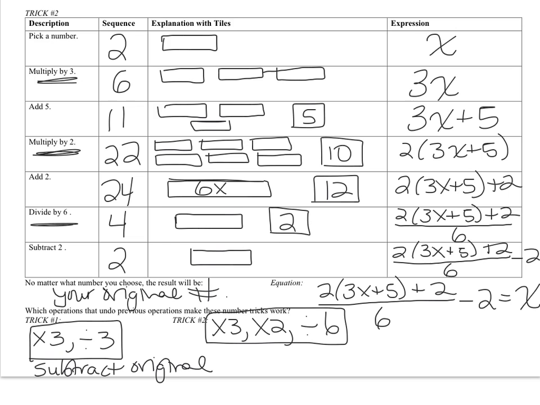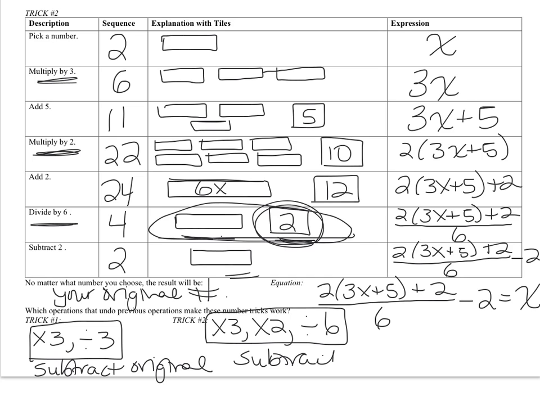Now in this case, I want everybody to end up with their original number. So right here in this step, once I noticed everybody had their original number plus 2, if I want everybody to end up with their original number, I just have to ask you to subtract 2, and then you're done with the original number. So here, the subtracting of 2 canceled out everybody's 2, so everybody ended up with their original number. Okay?